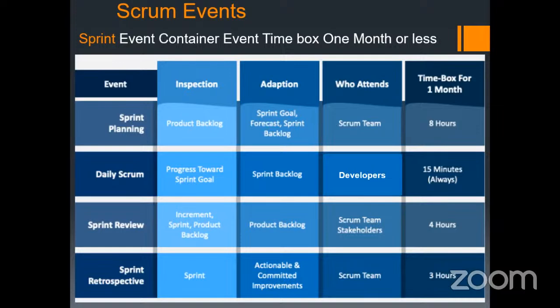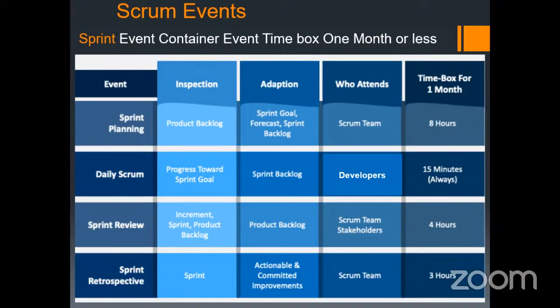Now the Scrum team as well as stakeholders will attend this event. It is 4 hours. They will check that whatever increment has happened is correct, as well as what will be done in the next sprint and what features will be considered. Whichever features the Scrum team wants to take up, they check whether all the product backlog items are correctly defined. If not, then that artifact, the product backlog, can be adapted in the sprint review.